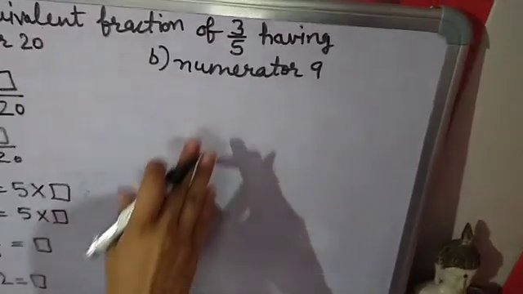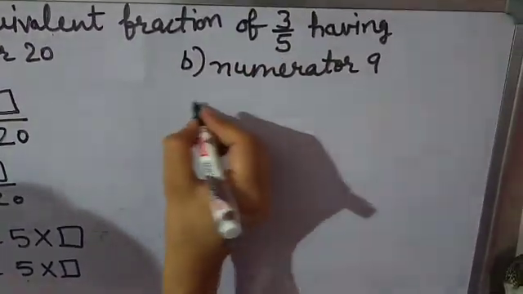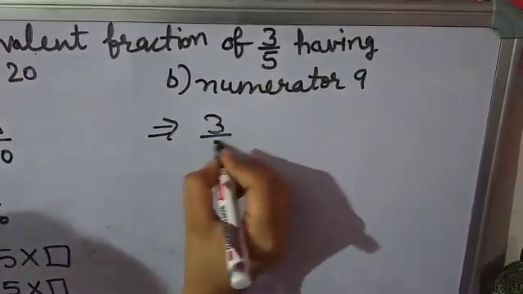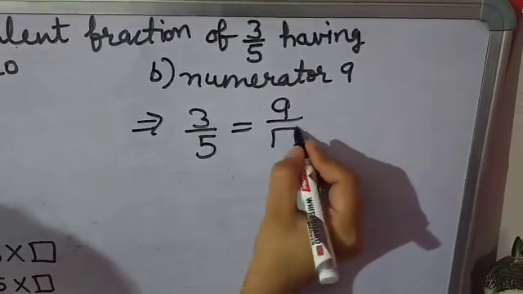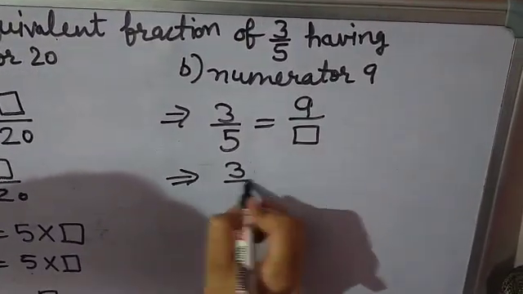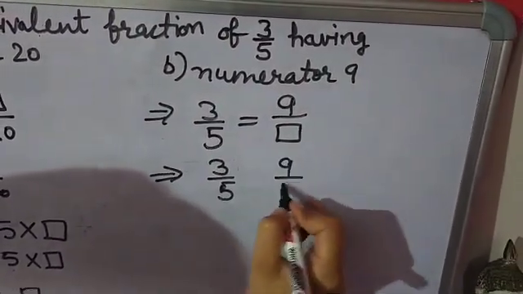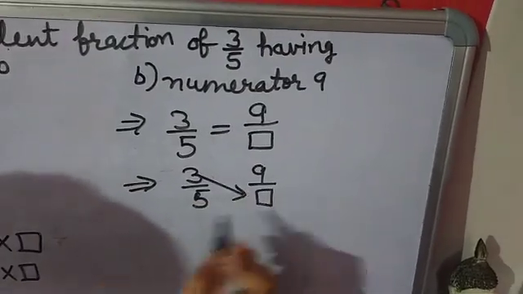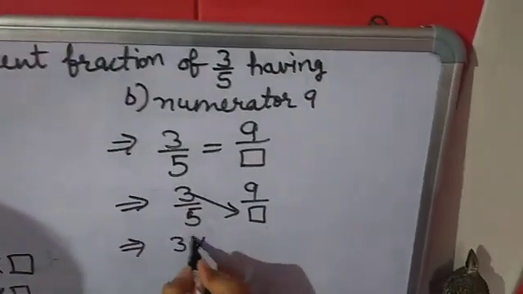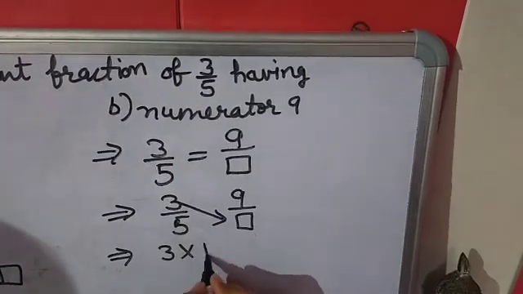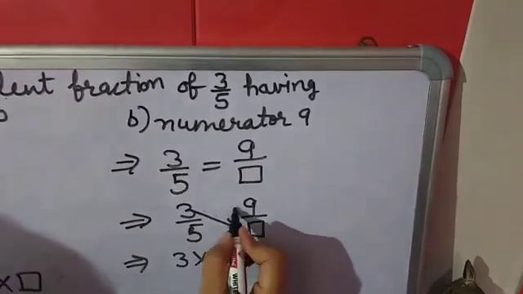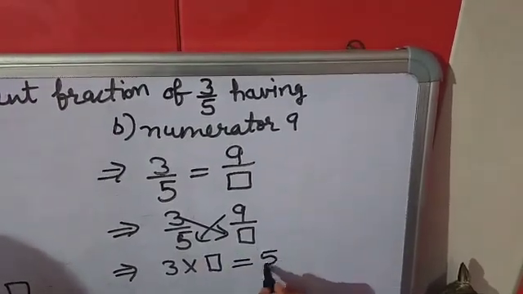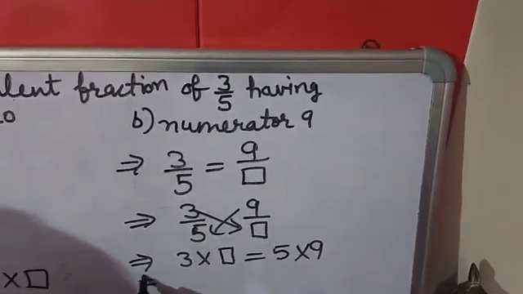In B part, again the same fraction is given, 3/5, and the numerator is given. You have to find the denominator. So write again. Do cross multiplication. 3 multiply box, and then equal 5 multiply by 9.